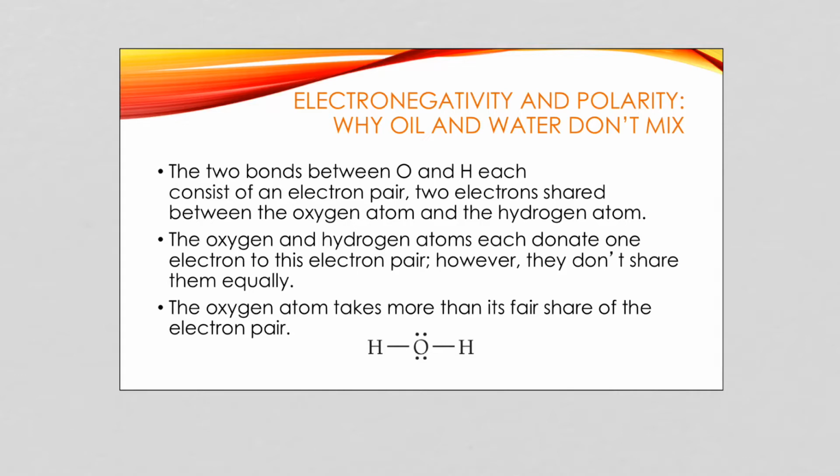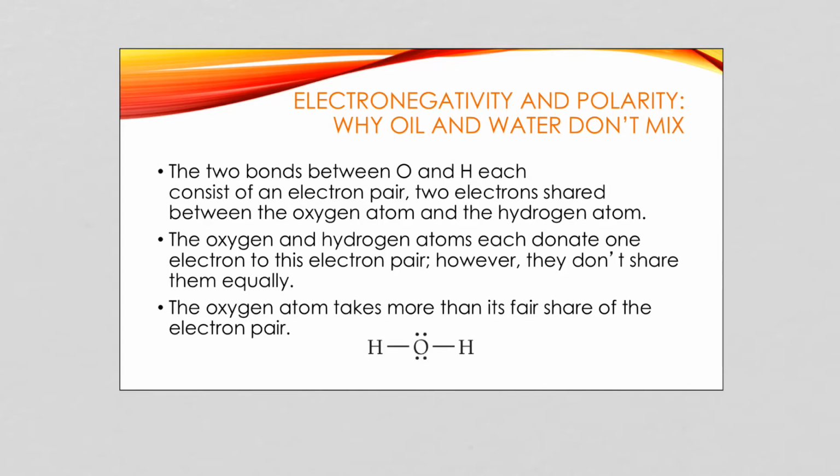But we've talked about this sharing as if they're shared equally. Now, that is sometimes the case. Sometimes the electrons are equally shared among the two atoms. But it turns out that in reality, a lot of the time, we have what we might call unequal sharing.